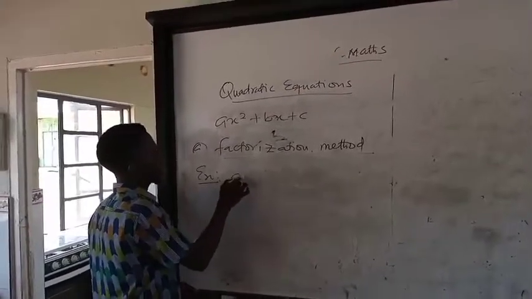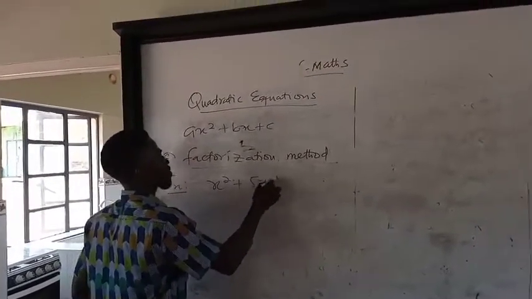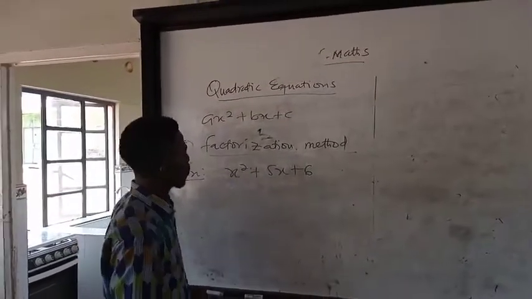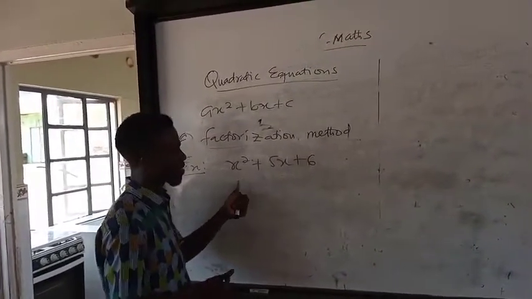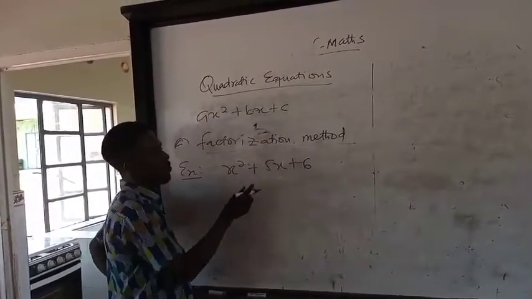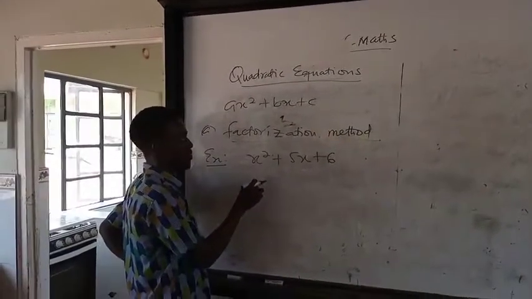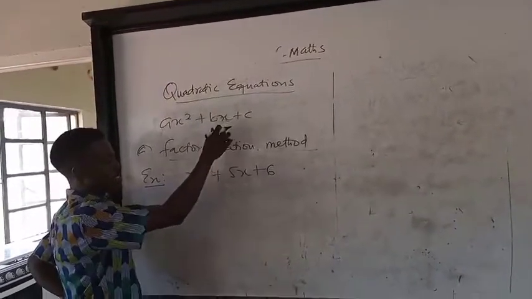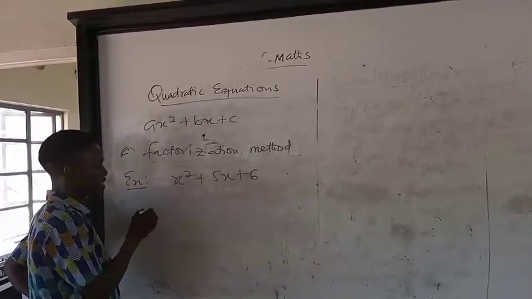if you are given, let's say, x squared plus 5x plus 6, and you are asked to factorize this, you are going to look for the factors of 6. That's the product of AC. The coefficient here is 1. The coefficient here is 1.